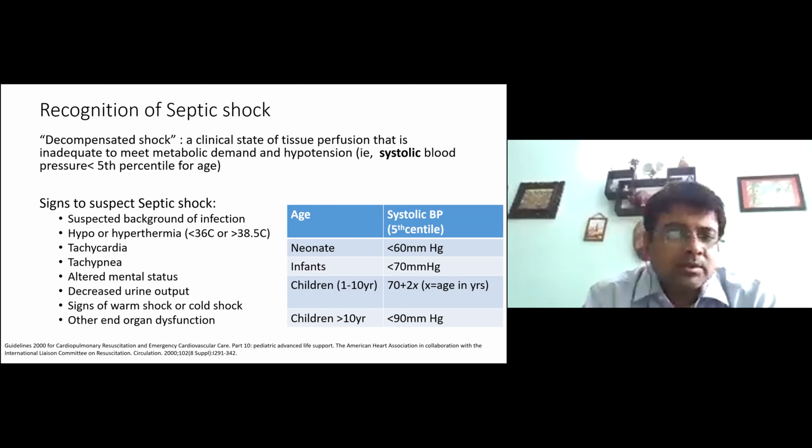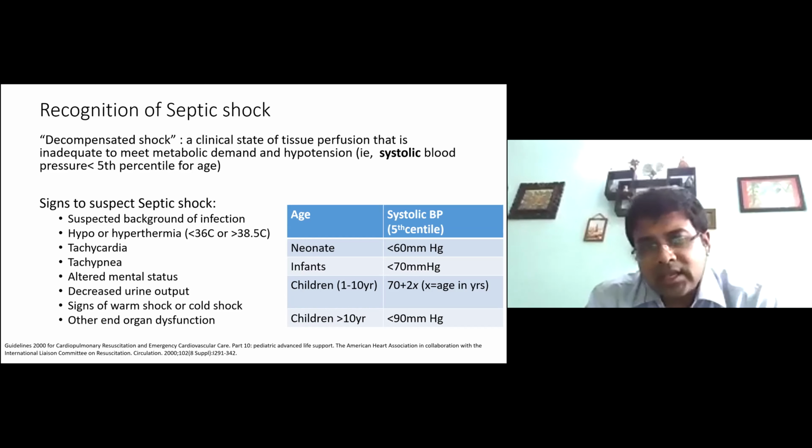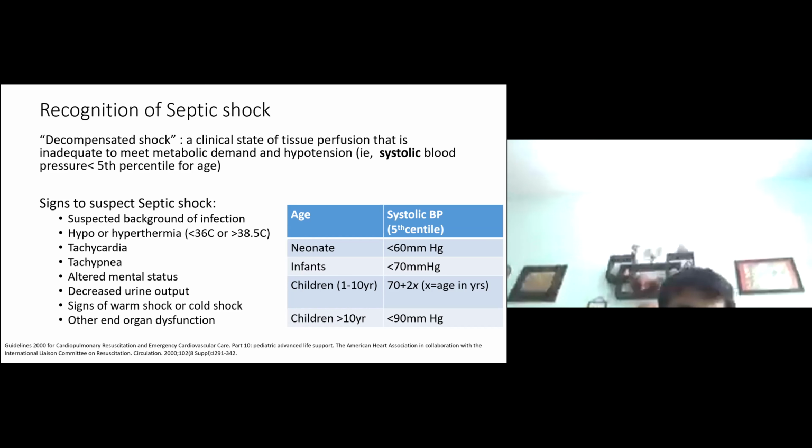How to recognize somebody in shock? You have a background of some kind of infection, and then maybe hypothermia, tachycardia, tachypnea, altered mental status, decreased urine output, signs of warm and cold shock, and organ dysfunction. In isolation, each of these parameters doesn't qualify as shock, so you need to have two or more of these parameters to qualify as shock.